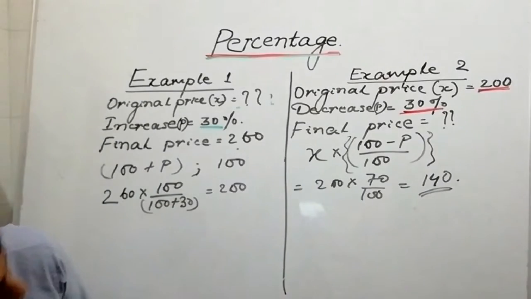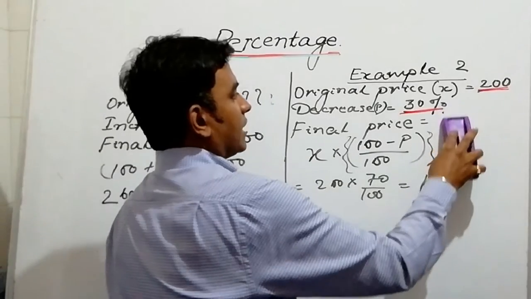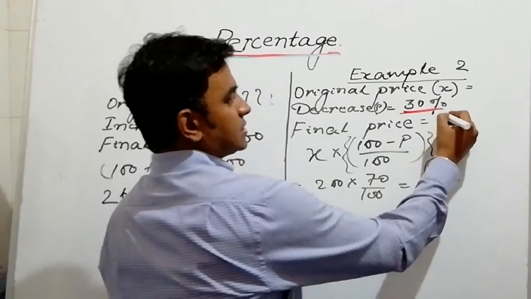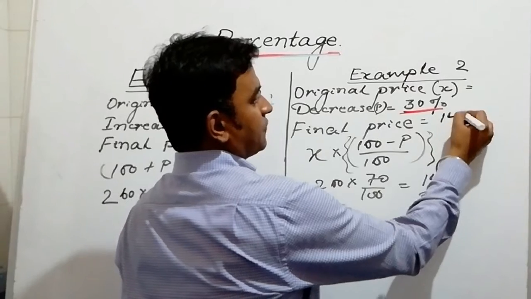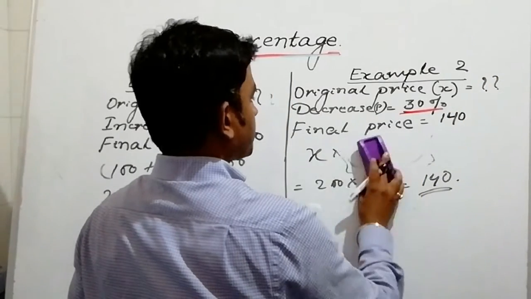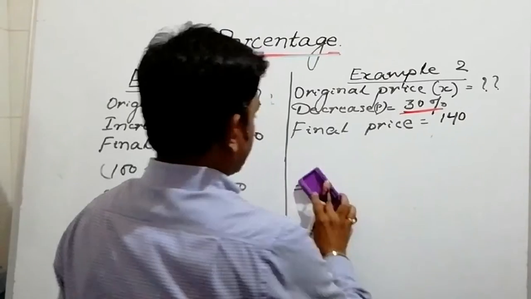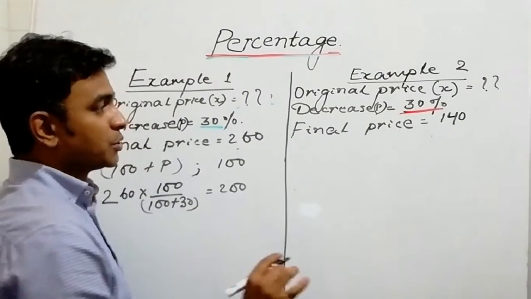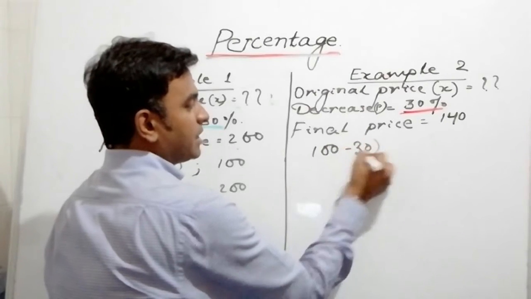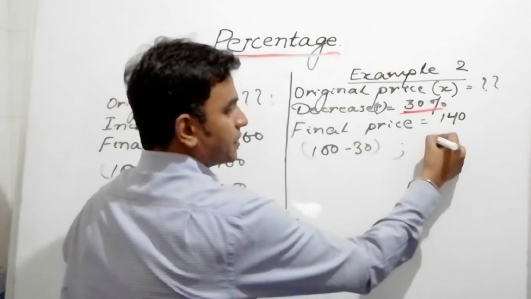Similarly, suppose in this question we change it and it is said that the final price is 140 and you need to find the original price. Here there is a decrease of 30%. So what are your multiplying factors? 100 minus 30 and 100.